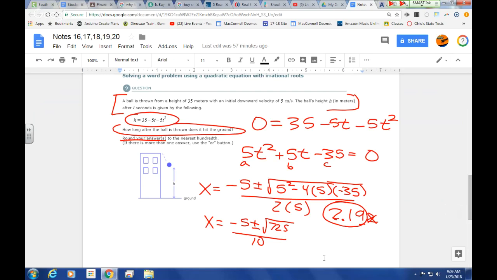How many answers do we get here? 2. Okay, so if we're going to get 2 answers, let's find that other one. Now we have to use the calculator: -5 minus, go up and highlight that thing in blue, and then divide that by 10.